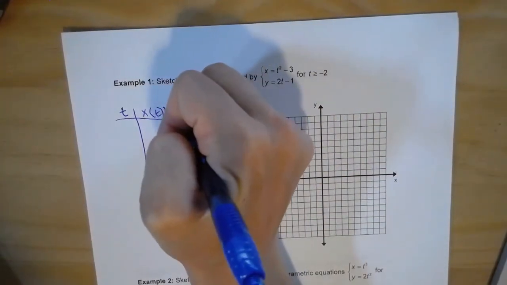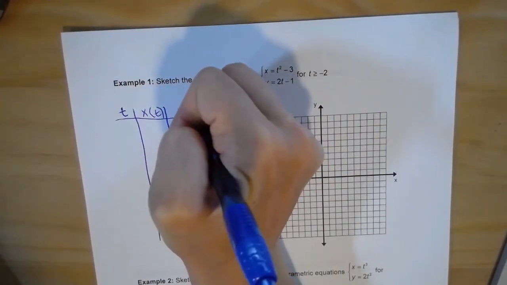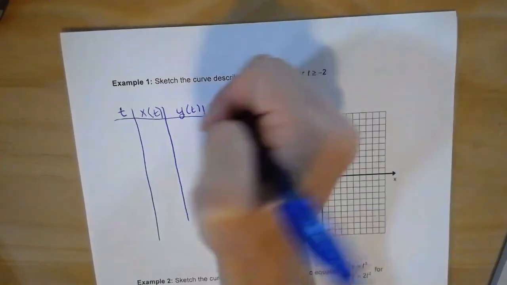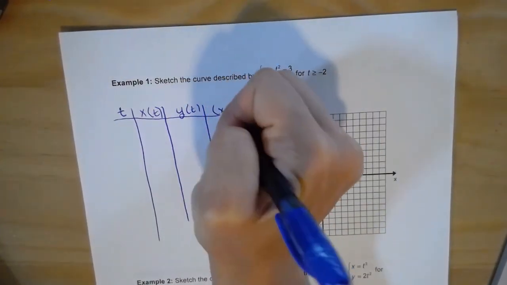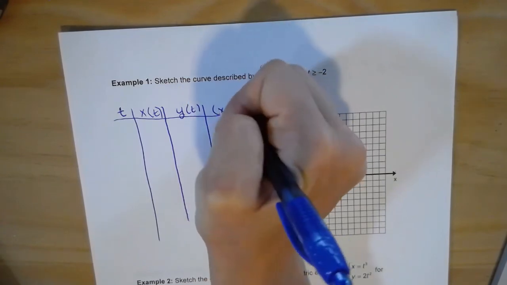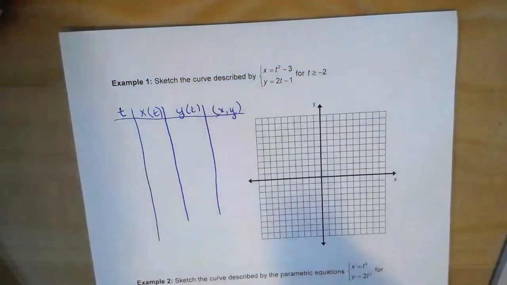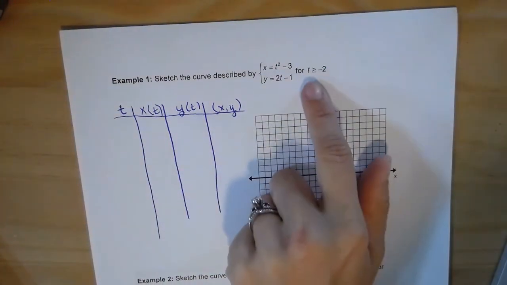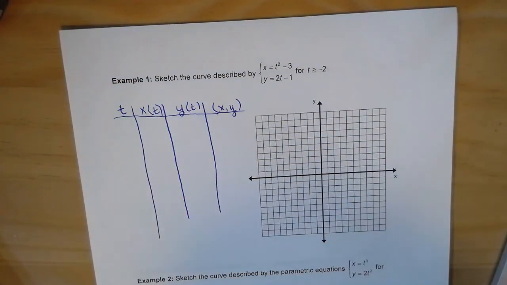We're going to have the second function of t, which will be our y coordinate. And then we have our x, y that we will be plotting. Okay. Now, keep in mind what we're doing for time. Keep in mind where we start and if we end, or if it keeps going on forever.